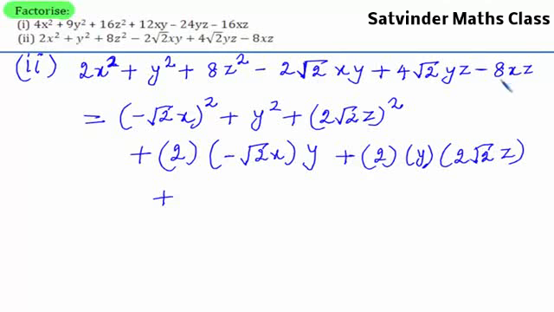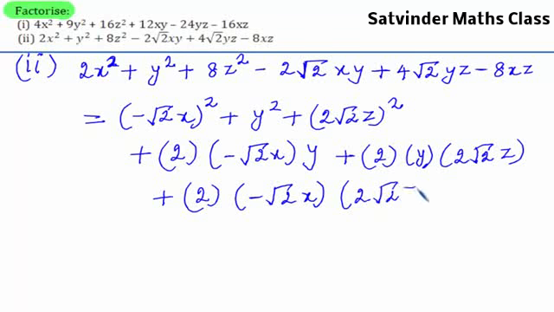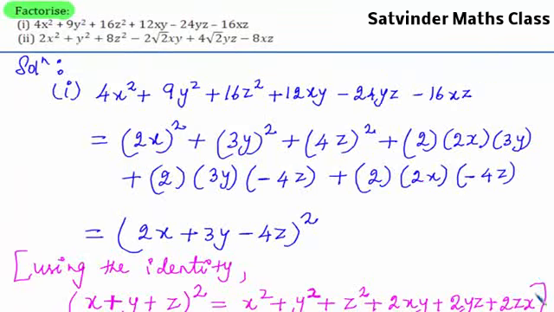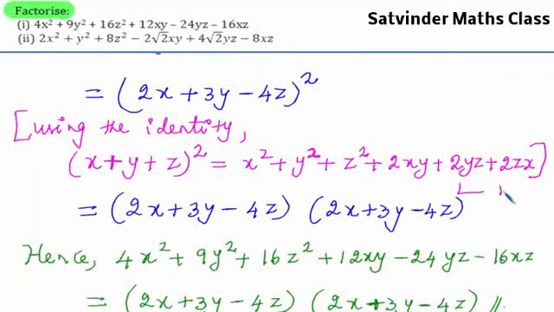plus minus 8xz can be written as 2 into minus root 2x into 2 root 2z. This is equal to minus root 2x plus y plus 2 root 2z whole square. Let us name this identity as 1.